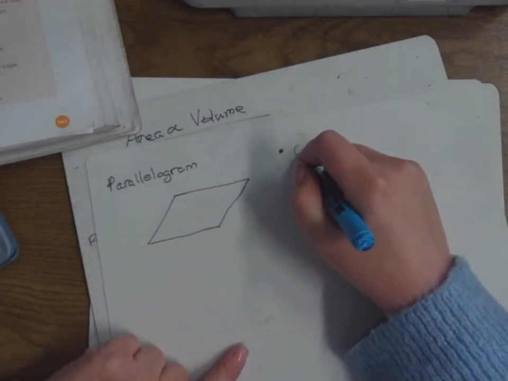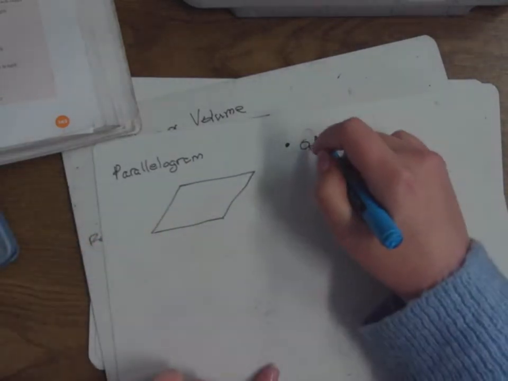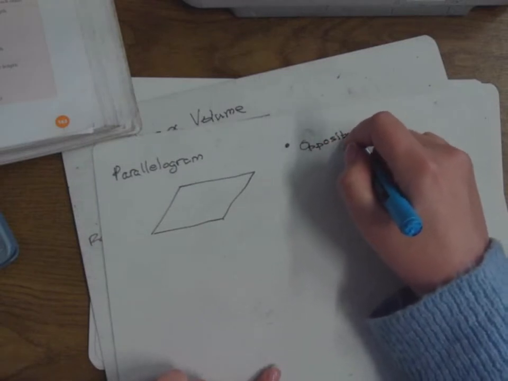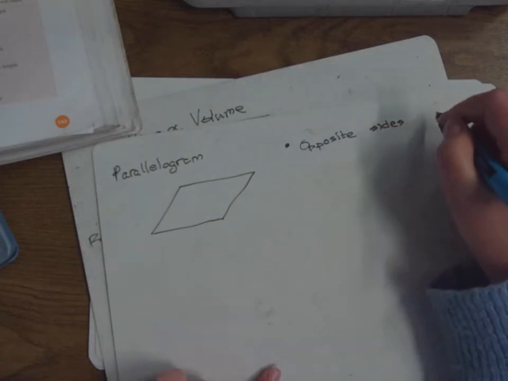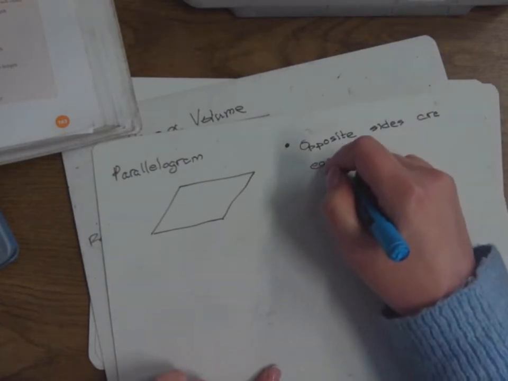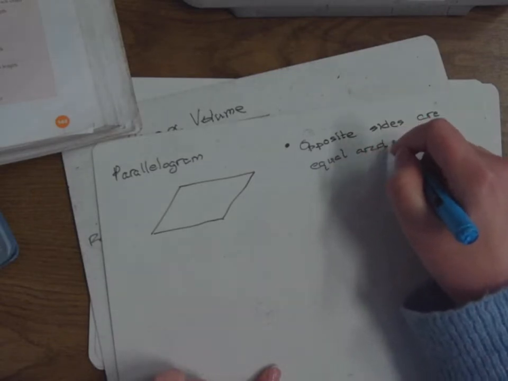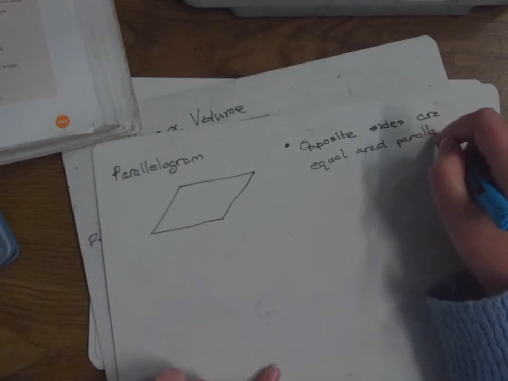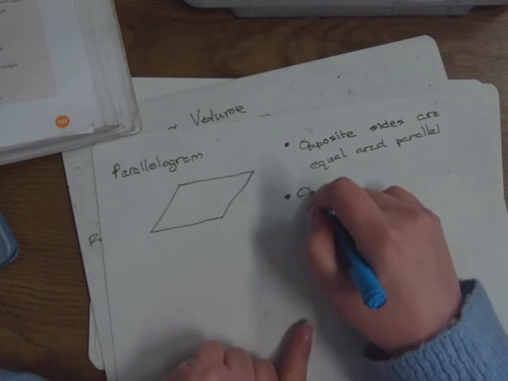So opposite sides are equal and parallel, obviously. It's a parallelogram, that's where it gets its name. The angles aren't 90 anymore, but opposite angles are equal.